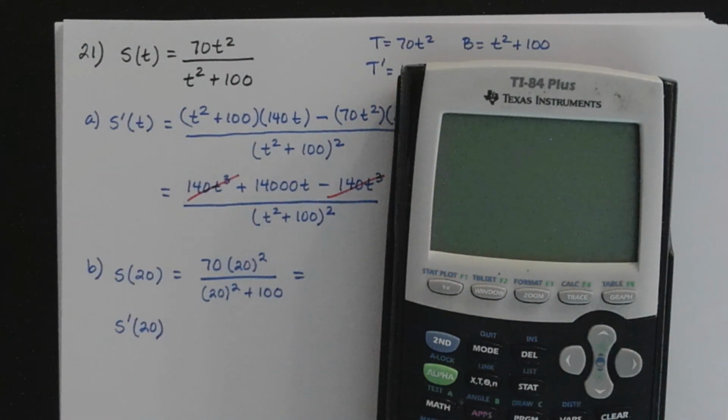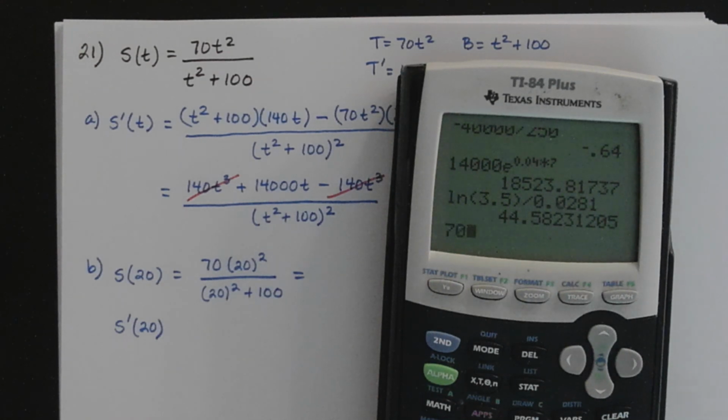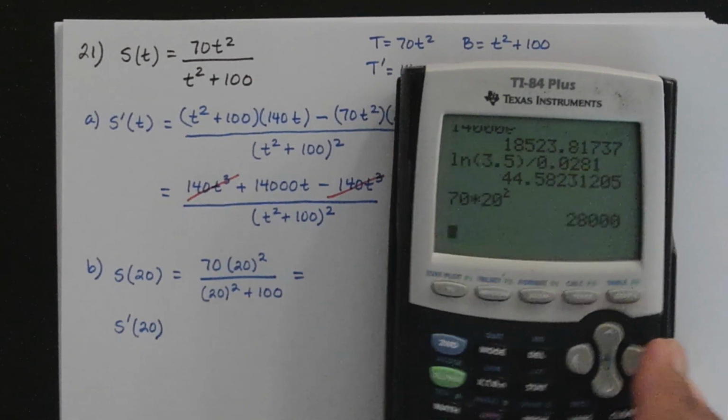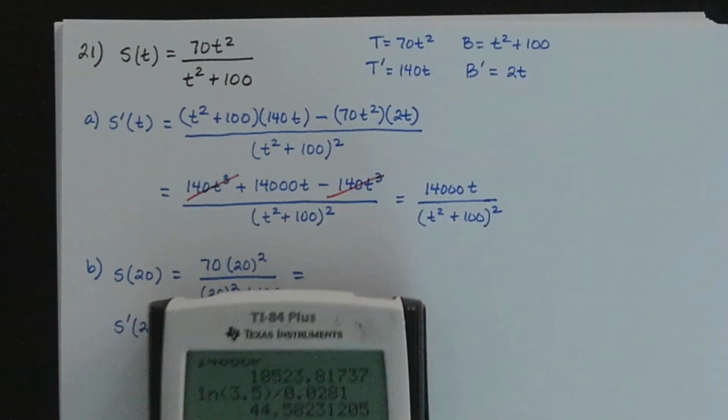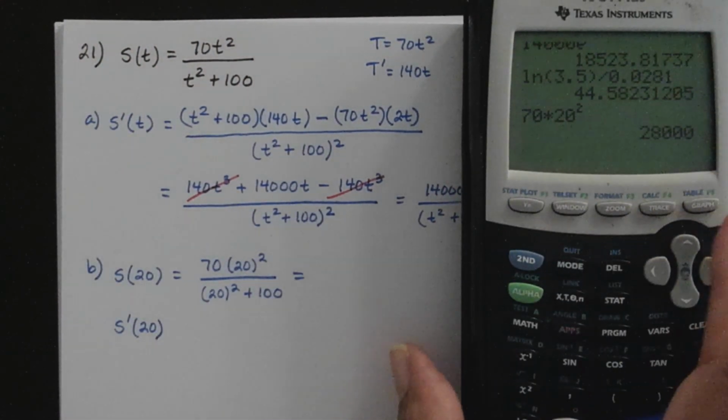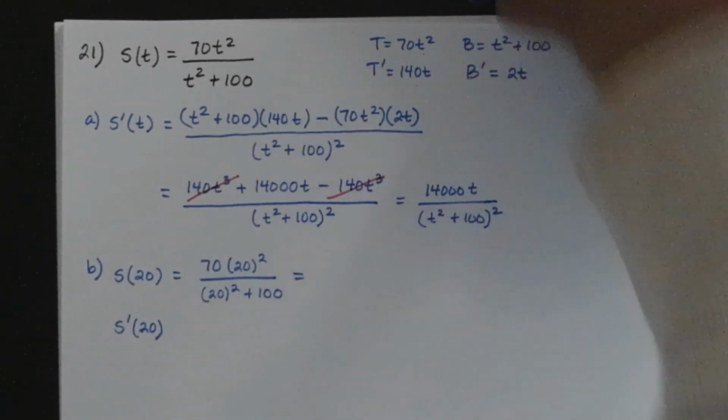I'm going to do the numerator first. That'll be 70 times 20 squared. That's 28,000.